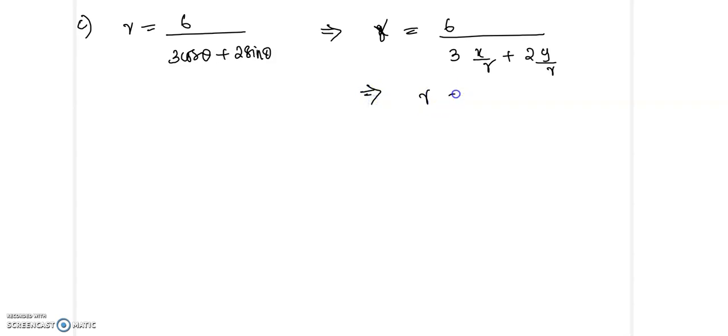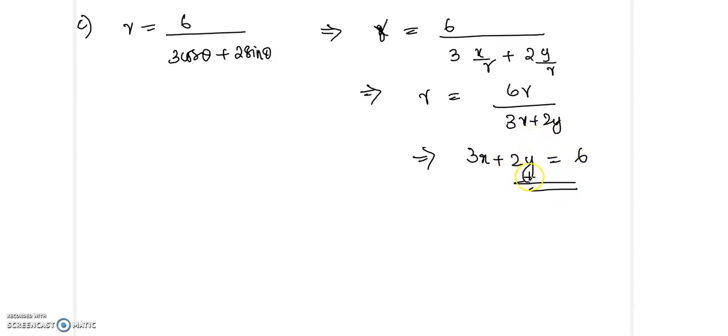So that will give r equal to 6, and the r here goes to the numerator, by (3x plus 2y). So r will cancel off on both sides. So we'll get 3x plus 2y equal to 6. So this represents a line in the Cartesian coordinates.